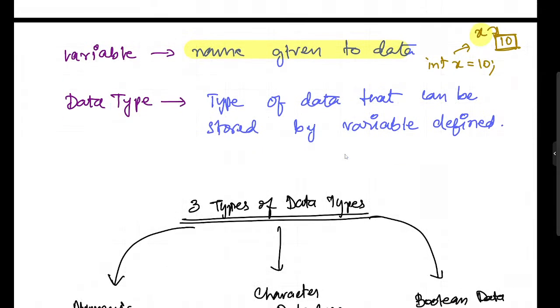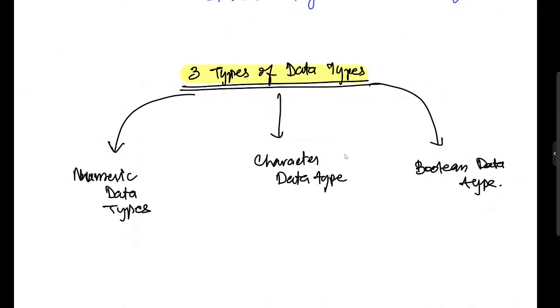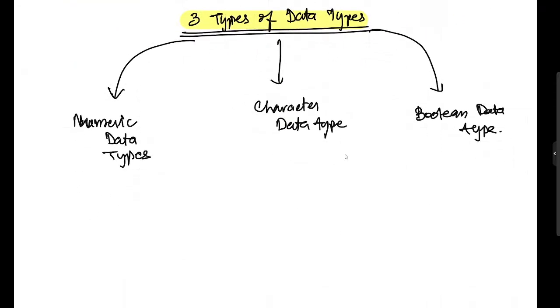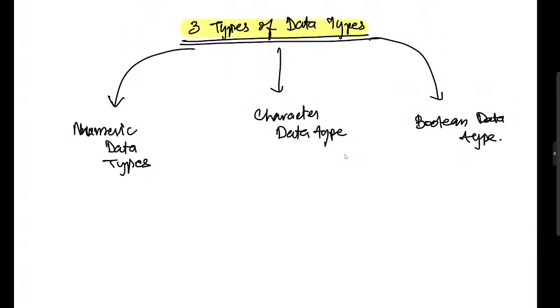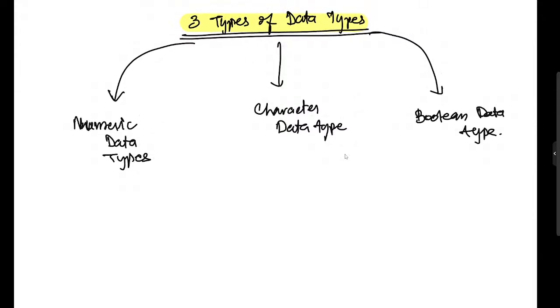Now, in Java, there are broadly three types of data types: numeric data types, character, and Boolean data types. I'm talking about primitive data types, not object type data types, which we will look into later. If you don't know what primitives are, I'm going to explain them now.